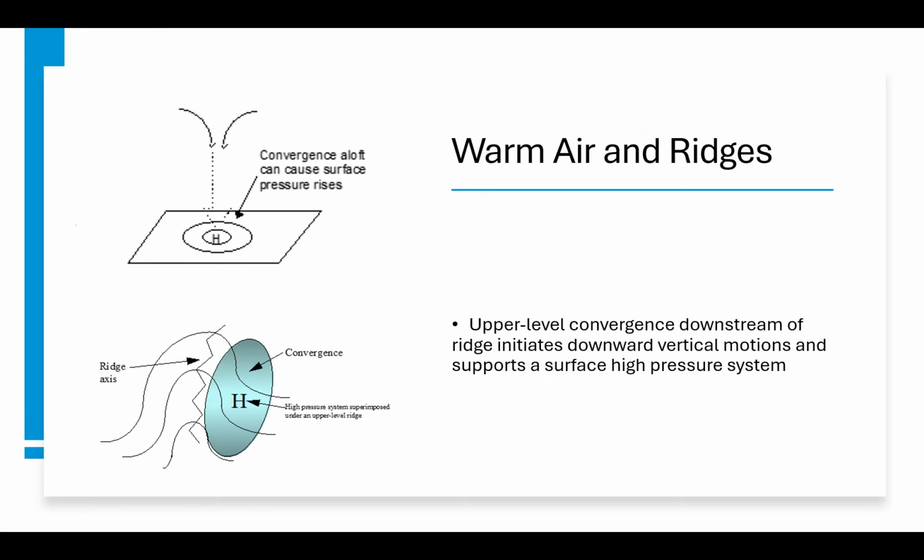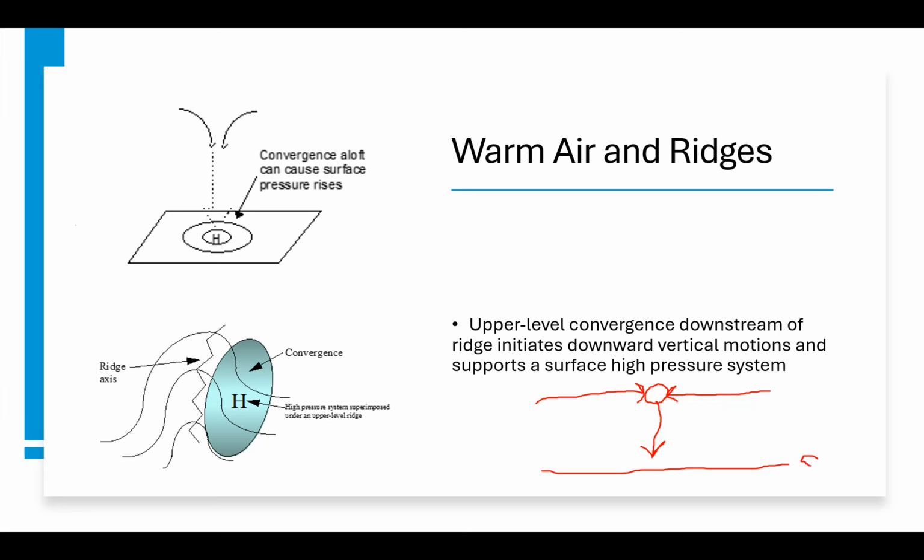I'm going to draw this out. Okay, let me do this real quick. With the dampener effect, remember that as we have upper level convergence, these two air streams, these winds, are meeting like this. Because they meet head on like this, the air is going to be forced to go downward in the atmosphere. This is the surface down here.